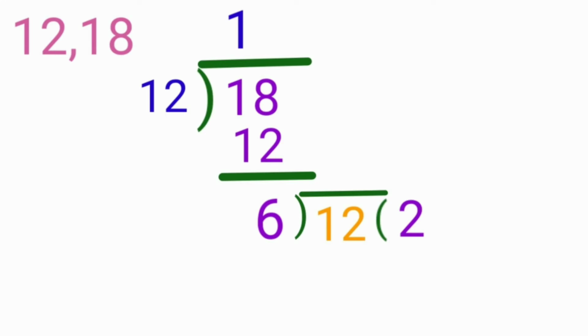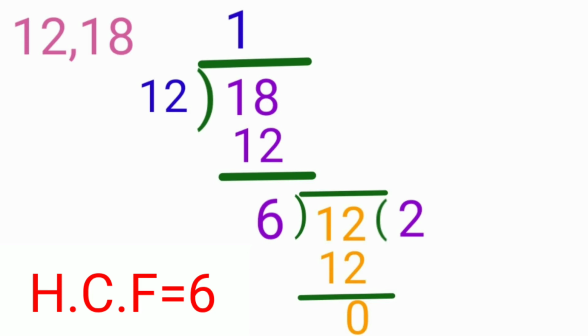So write 2 there, and write 12 below. 12 minus 12, 0 we get. So the remainder is 0. When the remainder is 0, we can stop. That 6 is the answer. HCF is 6. Whenever bigger numbers are given, we can follow this method. Till we get the remainder 0, we must divide the numbers.